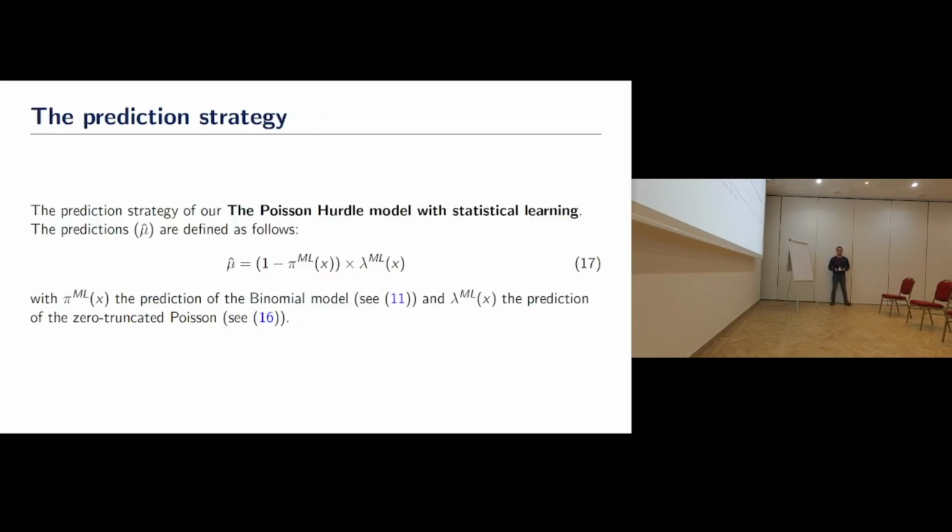And finally, our final output of the model is going to be mu hat, and mu hat is going to be the probability to be in the case 1, so in the positive case, and I'm going to multiply it by the output of my zero-truncated XGBoost. And this one is exactly the expectation of the classic hurdle model. It's the same thing.